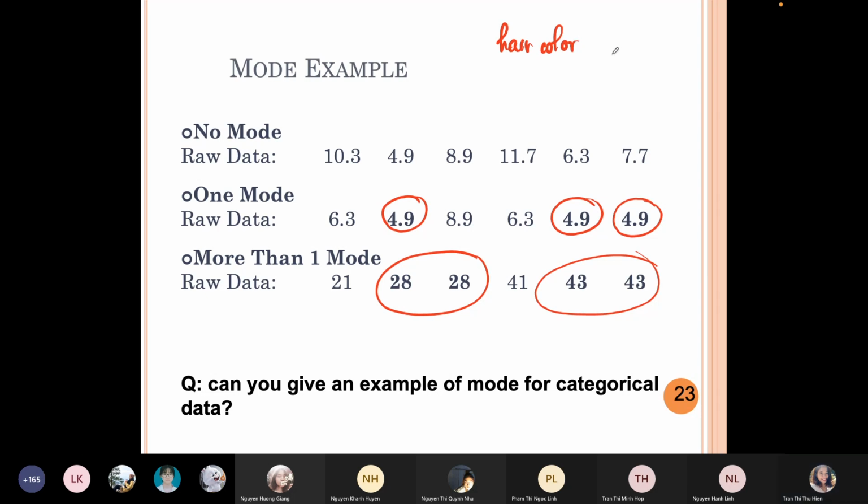Maybe it is black and brown, so you can find out the mode for categorical data. Or sometimes it is gender, right? I think the mode for gender in my class is girl or boy? Class, can you guess? Girl. Yeah, girls. So that is an example of the mode for categorical data. And you can take another example by yourself.